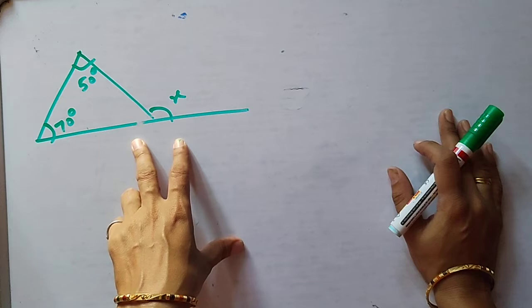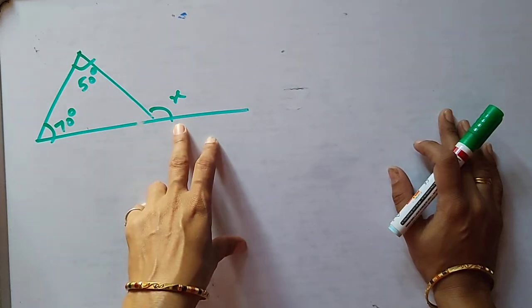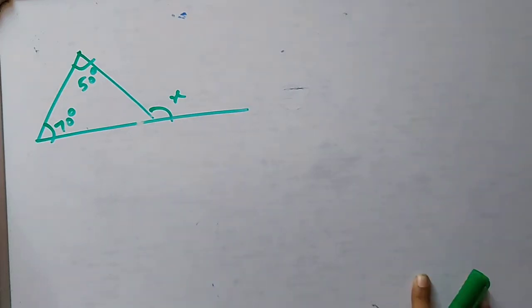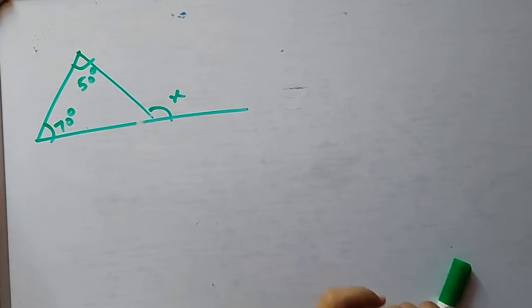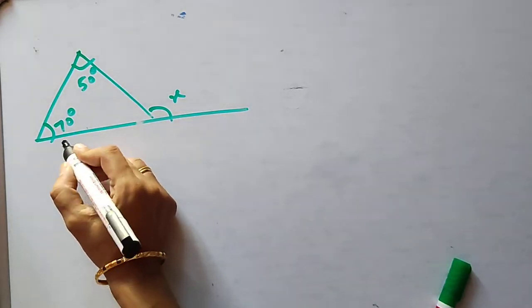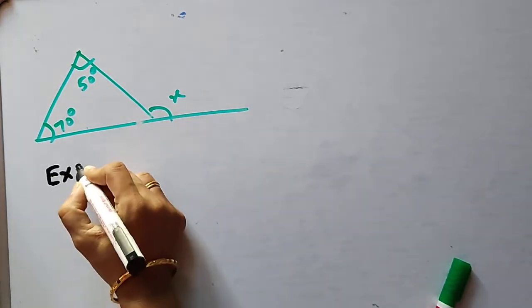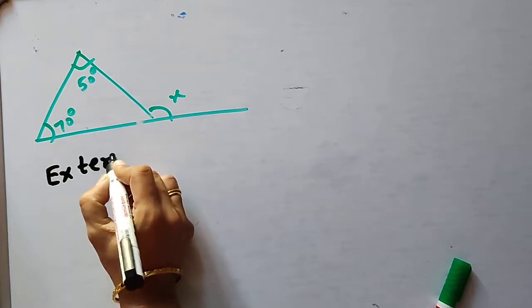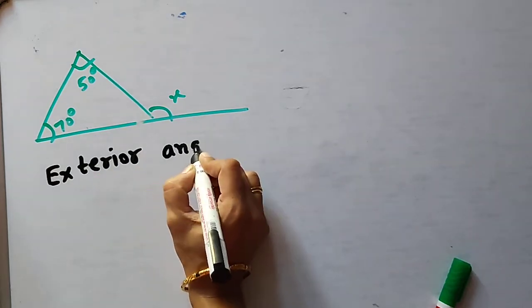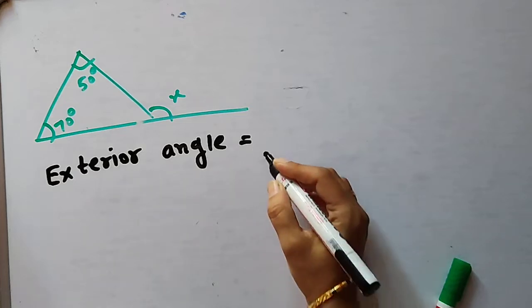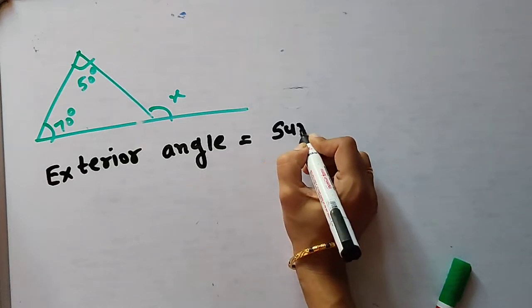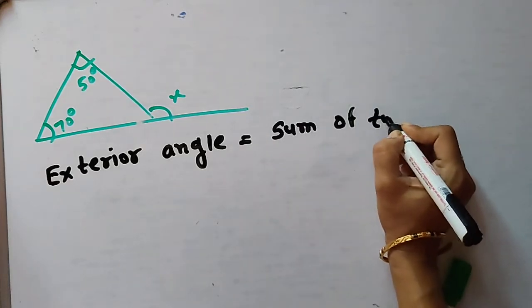Now you have to find the value of x, meaning the value of the exterior angle. Now you know the exterior angle property of a triangle. You have to write: exterior angle is equal to the sum of the two interior angles.